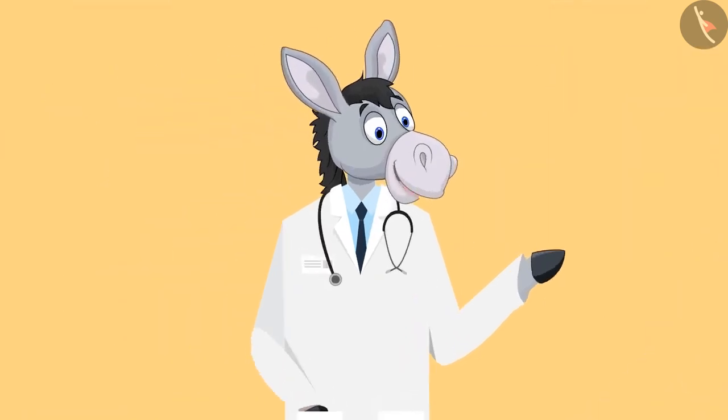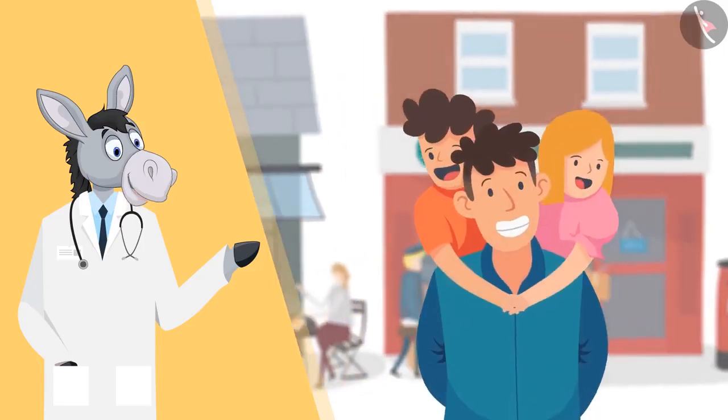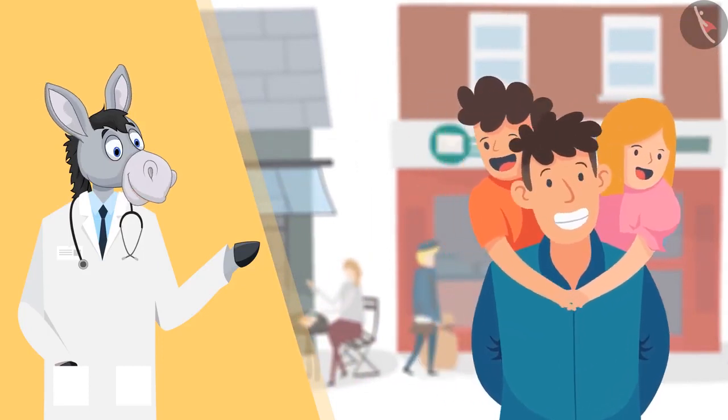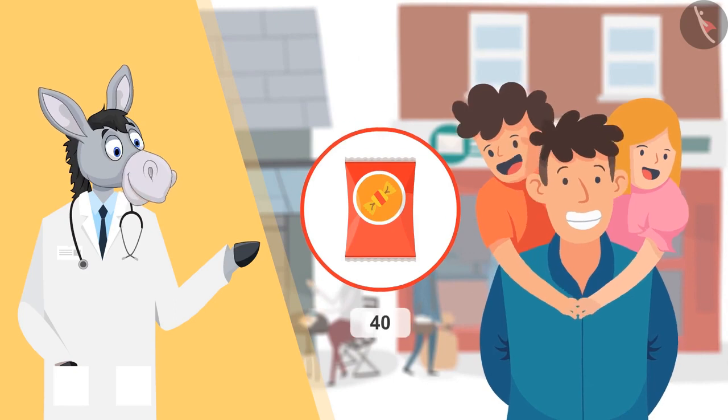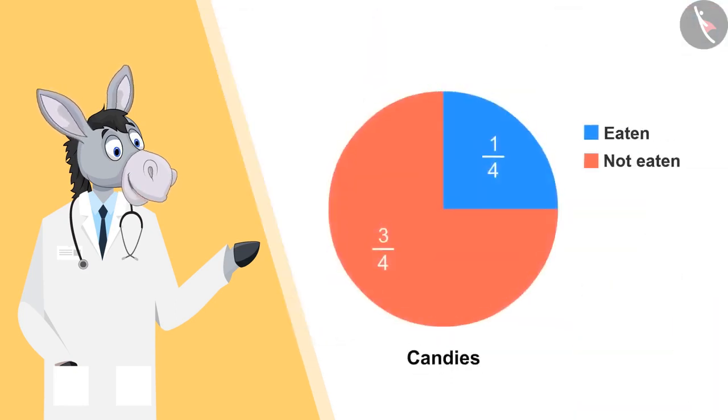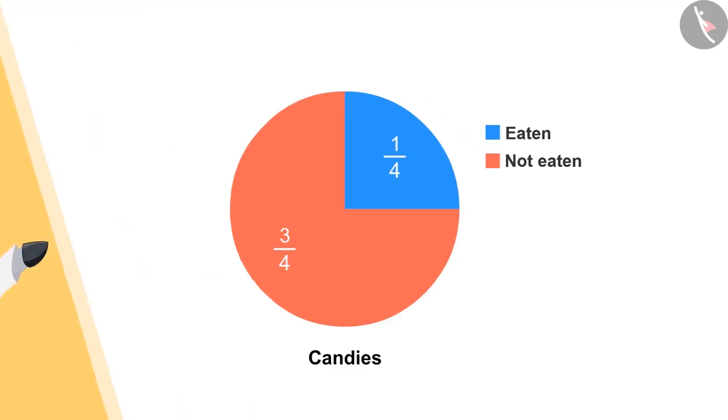Yes, right. Now let's look at some more examples to clear this misconception. Father of Bimla and Chandu has bought a packet of candy. It contains 40 candies. Now look at this pie chart to find out how many candies have been eaten by the kids.